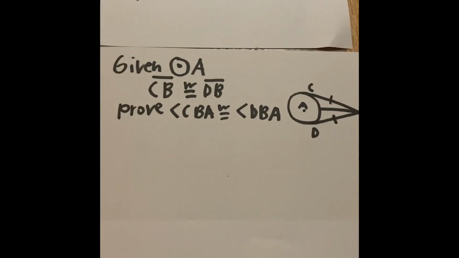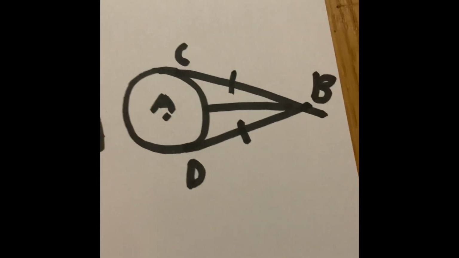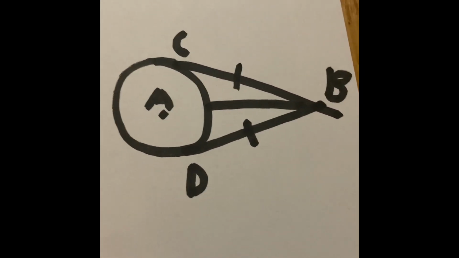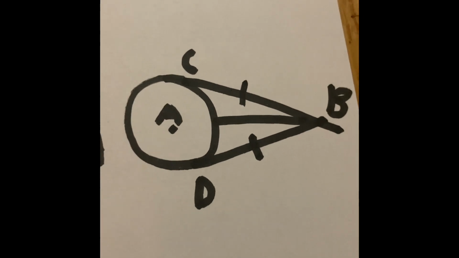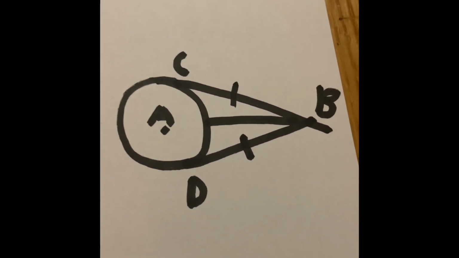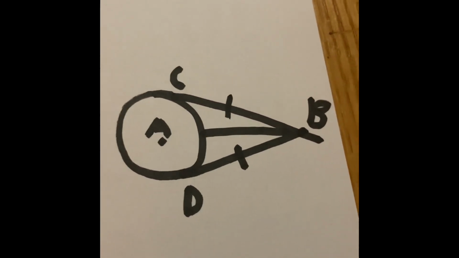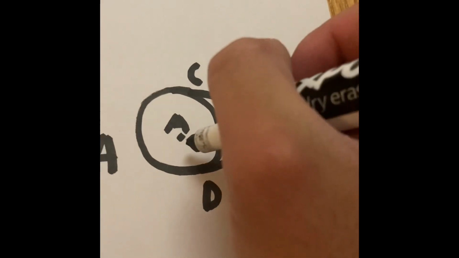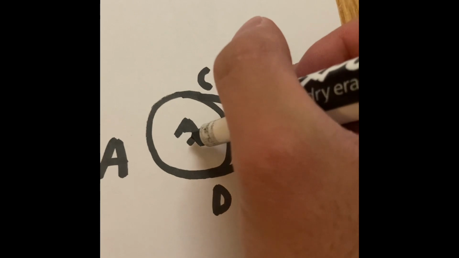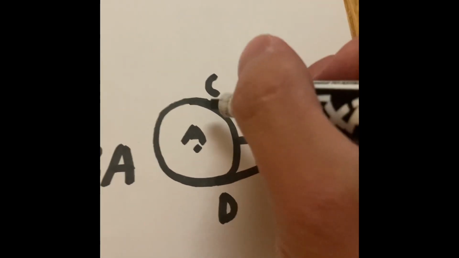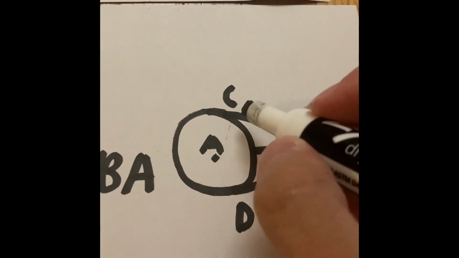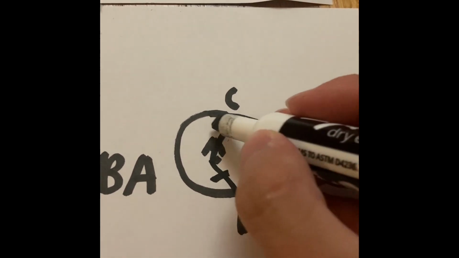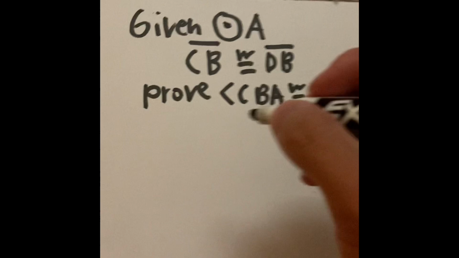Well, if you said that you can't really find anything right away, there is something we have recently learned that will help us get to our next step. We said earlier that since we have a circle, CA and DA are going to be congruent.